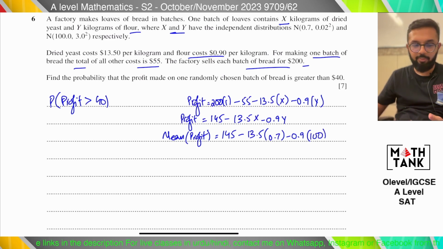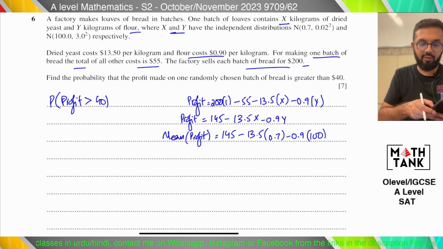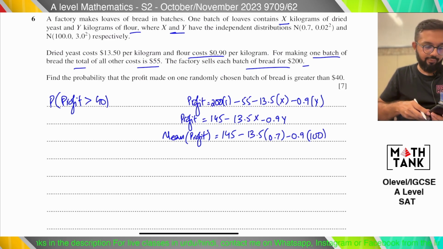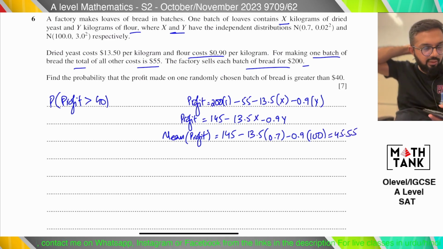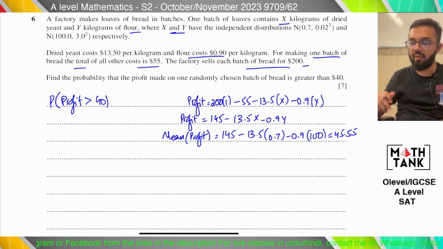So I'm going to end up with my mean profit. What is my mean profit? That if average values are considered, how much profit do I make? I make a profit of 45.55. I think that should be what I'm looking at. Yeah, I think that should work.